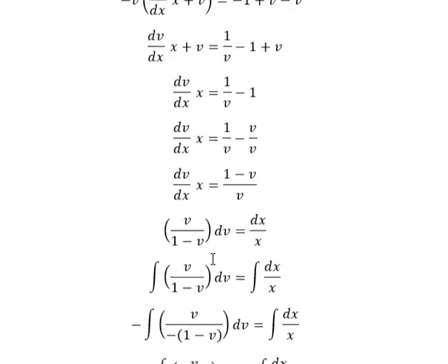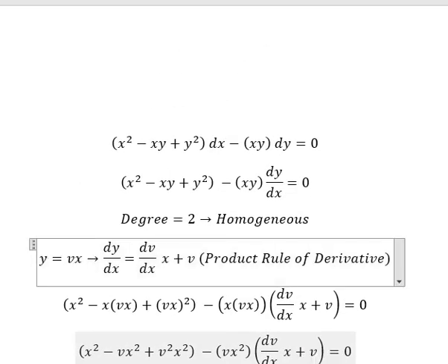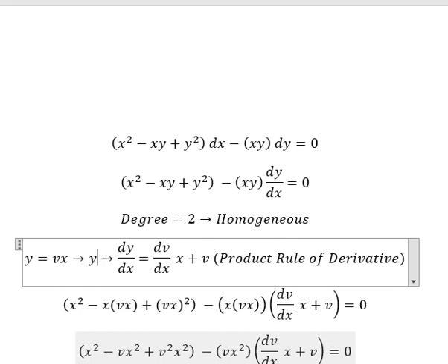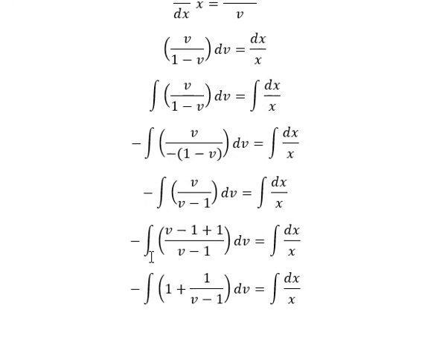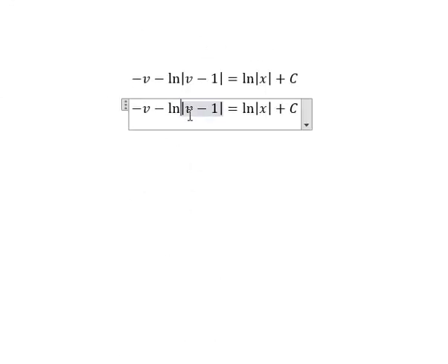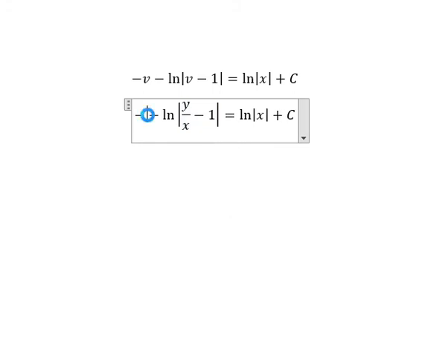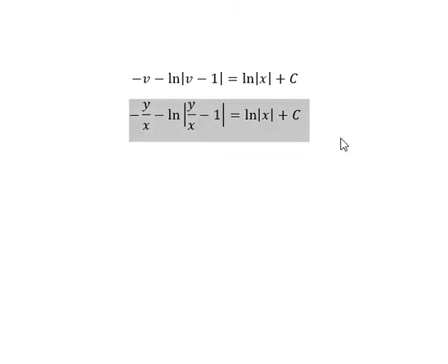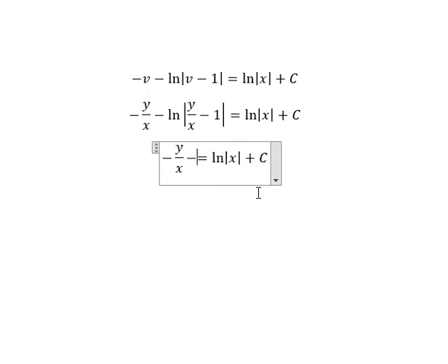About v, that is this one. So we need to divide both sides by s. So we need to change v into y over s. So I will put this one to the right.